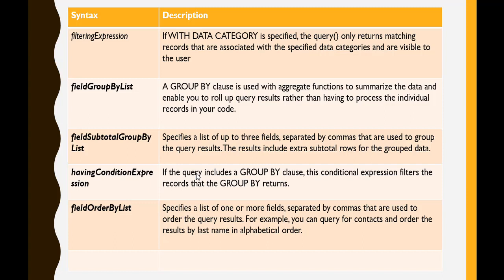So it is not going to look for a specific data category. The with data category clause only filters the objects of the type question and the knowledge article version. So these are the only two objects this with data category will be used for. One is the question and the other one is the knowledge article version to query the articles.